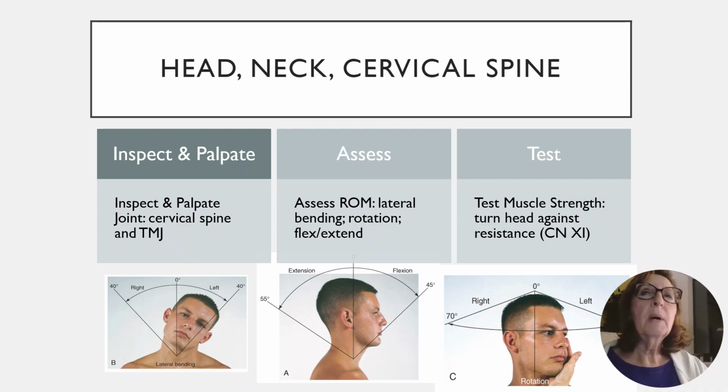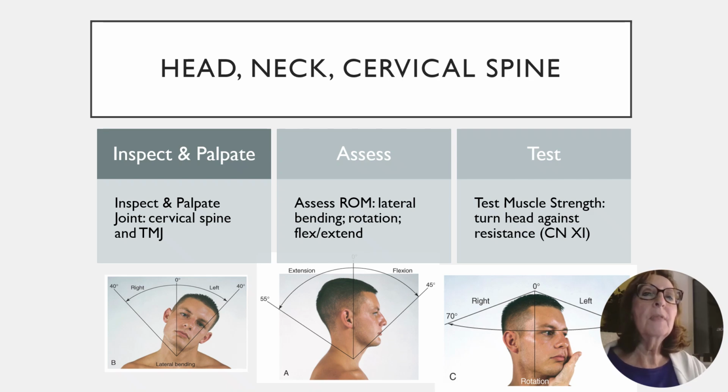So when we're talking about the head, the neck, and the cervical spine, again, we're going to be inspecting and palpating the cervical spine and the TMJ, which we've already learned how to do. So when you're inspecting the neck, you can look to make sure that it's midline. You can also have the patient do some range of motion exercises.